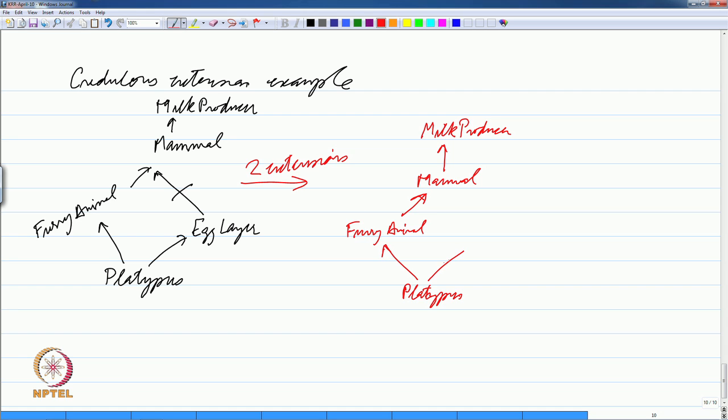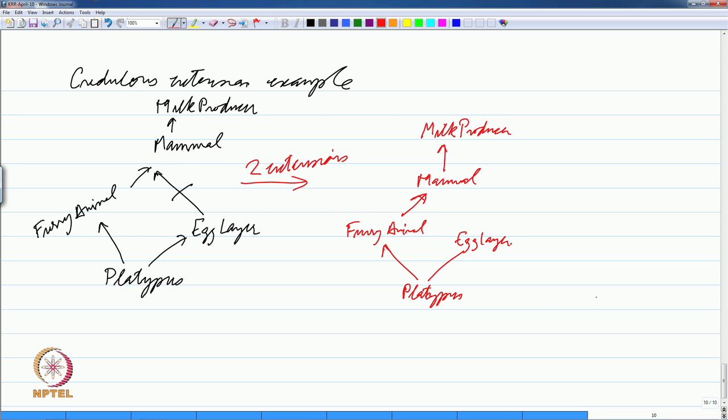Also, what I have drawn so far is not maximal, because we also know that platypus is an egg layer. So, this is one credulous extension. Platypus is an egg layer, platypus is a furry animal, it is a mammal and it produces milk.